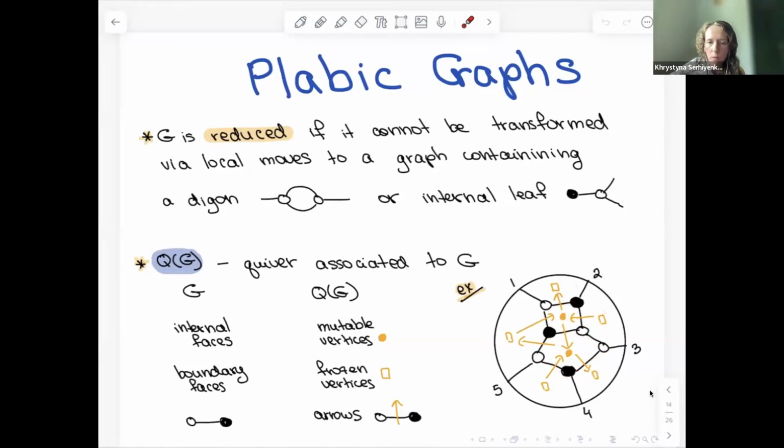So these would be frozen variables, which I denote by squares. And you have arrows. So for example, this is an edge between two differently colored vertices, and I'm going to draw an arrow between the associated vertices such that the black vertex is on the right of the arrow. And notice this is an edge between two vertices of the same color, so this one doesn't produce an arrow.